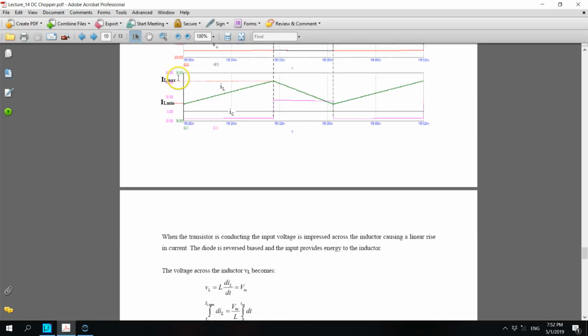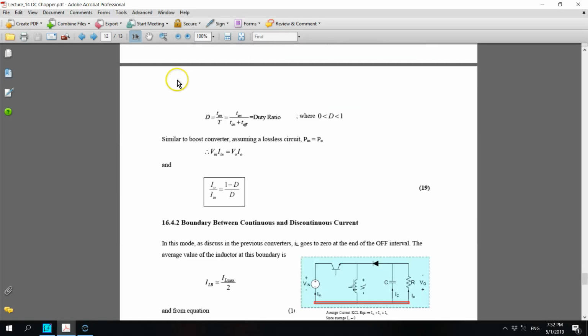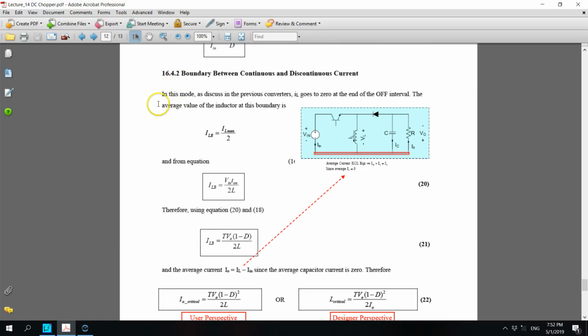Right. So therefore, we have this equation whereby ILB, the average current at the boundary, the capital I denotes an average current, ILB equals IL max divided by 2.